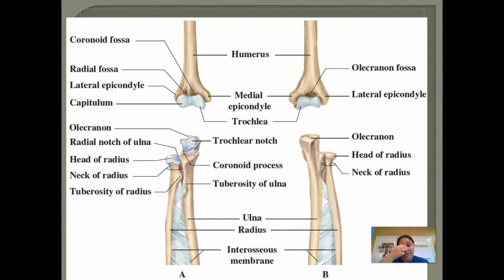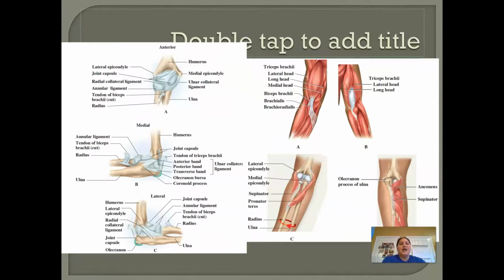With the humerus, you've got the capitulum and medial and lateral epicondyles. On the ulna, you've got a coronoid process and the trochlear notch, tuberosity of the ulna. Just lateral to that is going to be the head of the radius, the neck of the radius, and then the tuberosity of the radius. Okay, what that looks like.